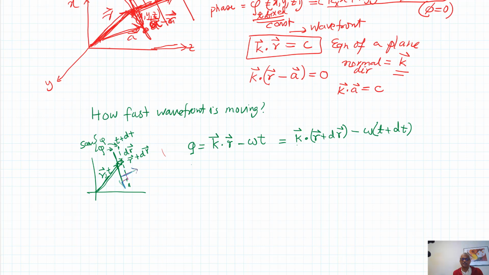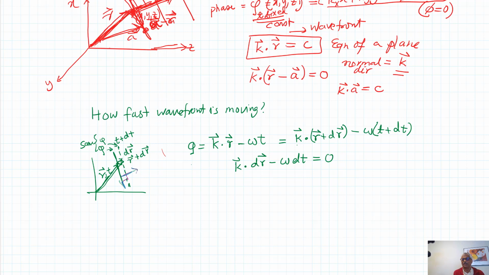That just means k dot r cancelled out, and you have a k dot dr minus omega dt equal to 0.